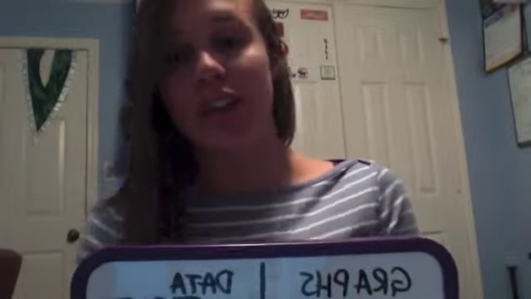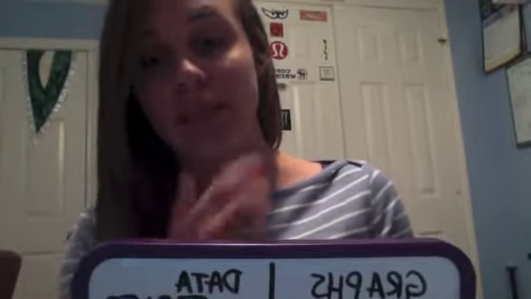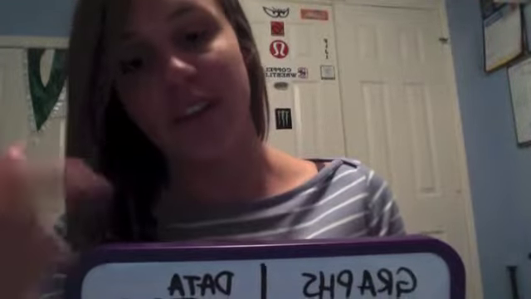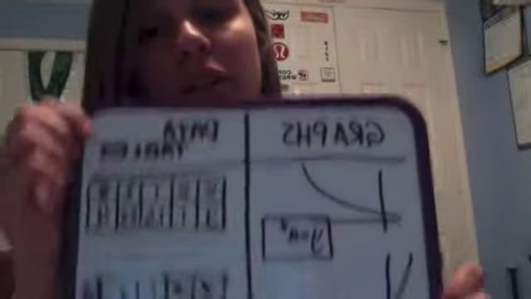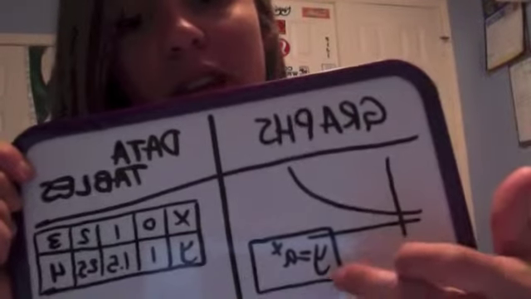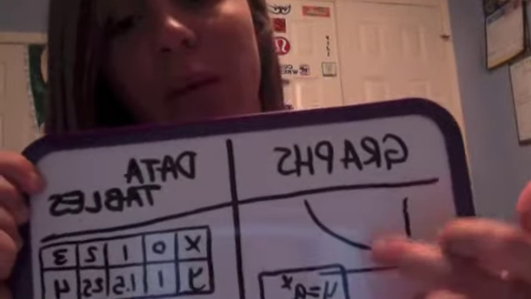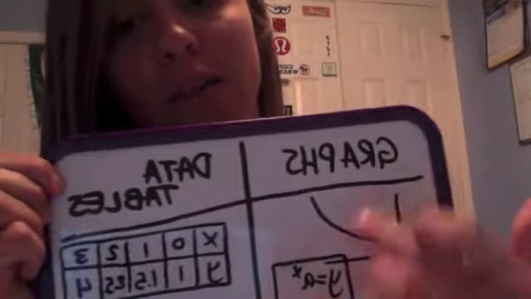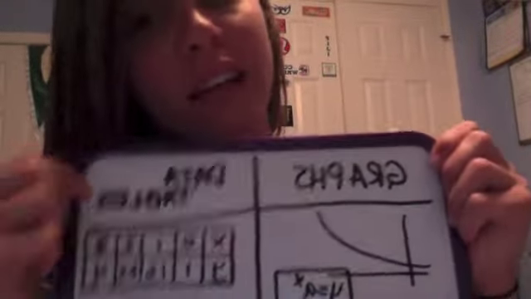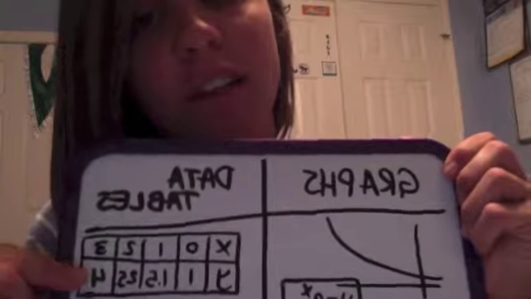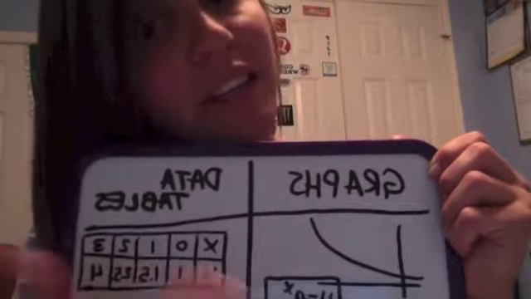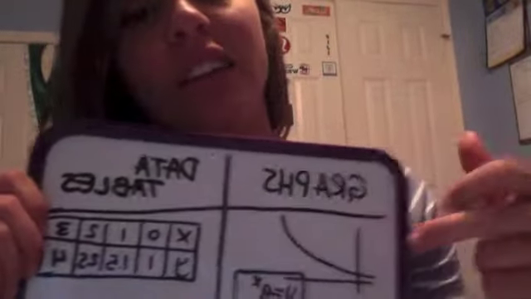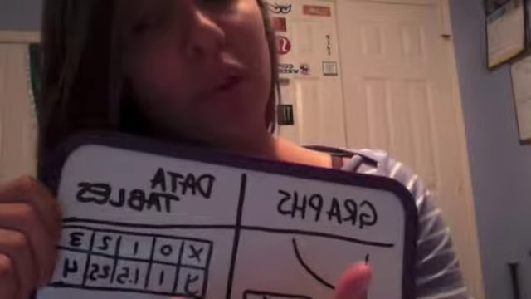And we're going to try to use what we know about exponential growth and exponential decay functions to match the 3 together. So what you're going to do is look at a function and decide which graph goes with that function, or you may decide to choose the data table first because you can plug it into the function and then check to see which graph matches up with those data tables.